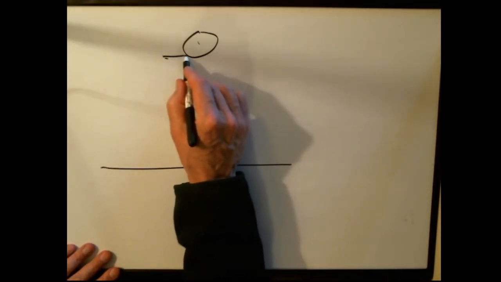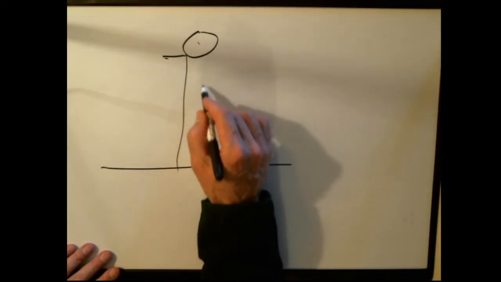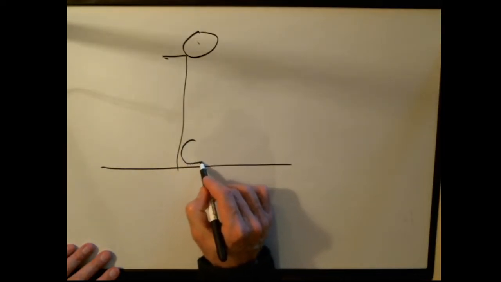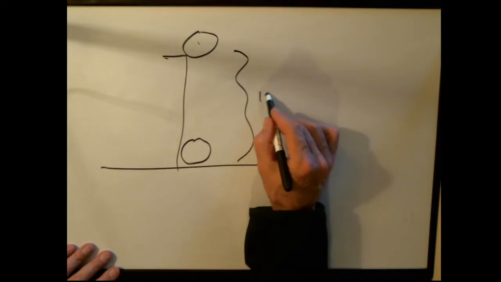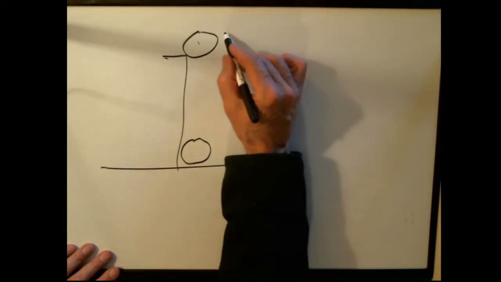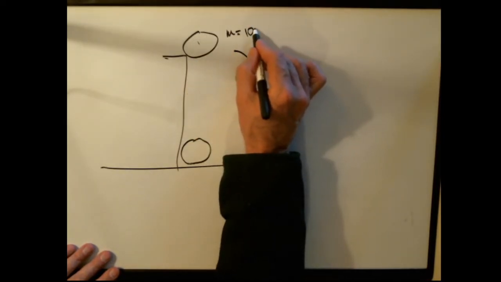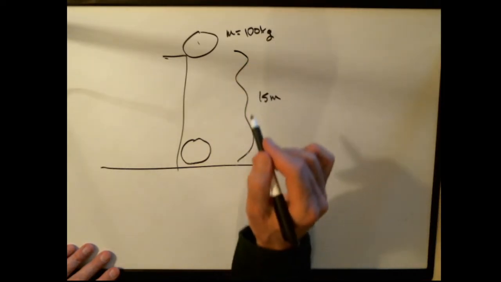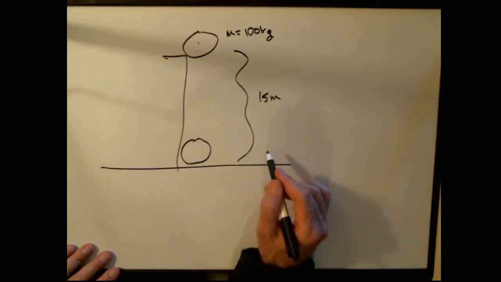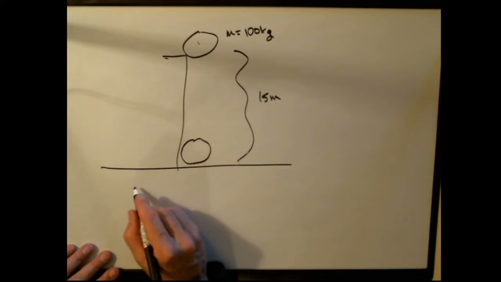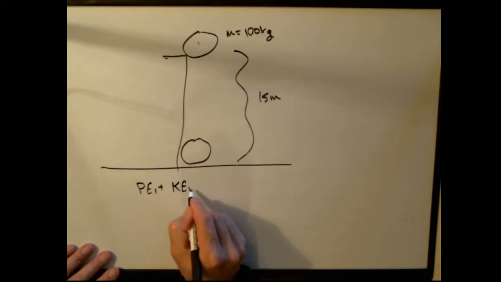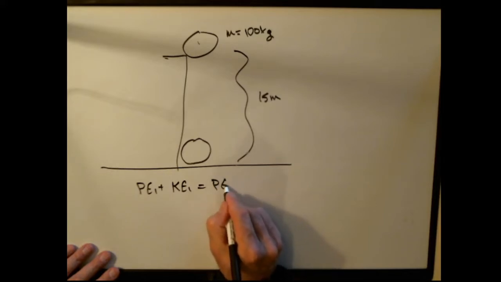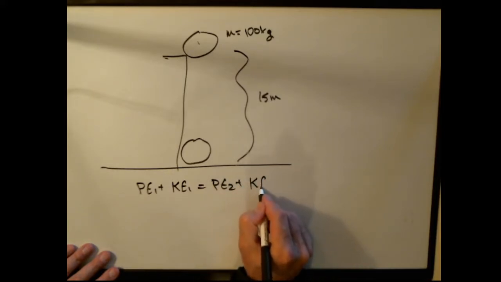It's just getting pushed off this embankment. Its initial height is 15 meters. Its mass is 100 kilograms. And so PE1 plus KE1 equals PE2 plus KE2.